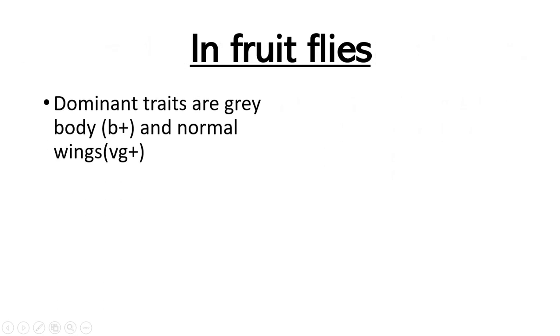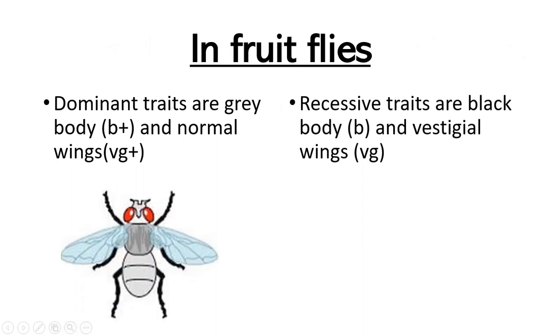In fruit flies, the dominant traits are gray body, represented by B positive, and normal wings, represented by VG positive. On the other hand, the recessive traits are black body, b, and vestigial wings, represented as vg.